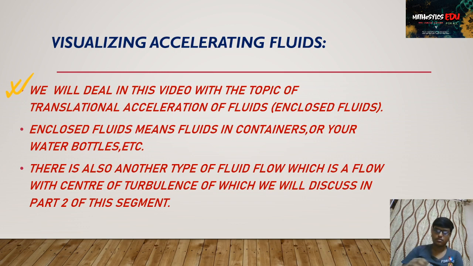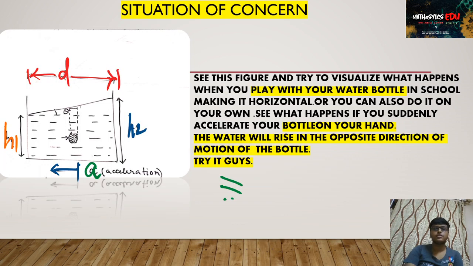But as the paddle has certain length, the outside of the paddle wheel will experience some force, because the velocity of the fluid is not the same everywhere. It is increasing or decreasing with distance from the center of turbulence. So the paddle wheel will ultimately experience a torque and it will rotate. So in this way you can think of the turbulent flow, which I will discuss in the next video. For now, let's concentrate on the situation of our concern.